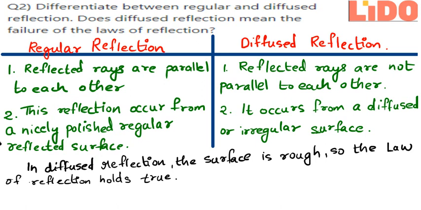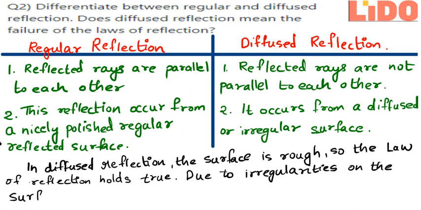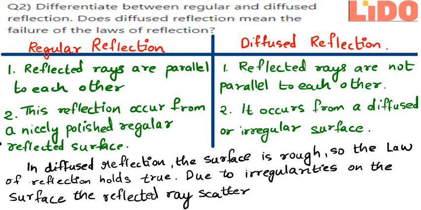And why? Due to irregularities on the surface, the reflected ray scatters in different directions.